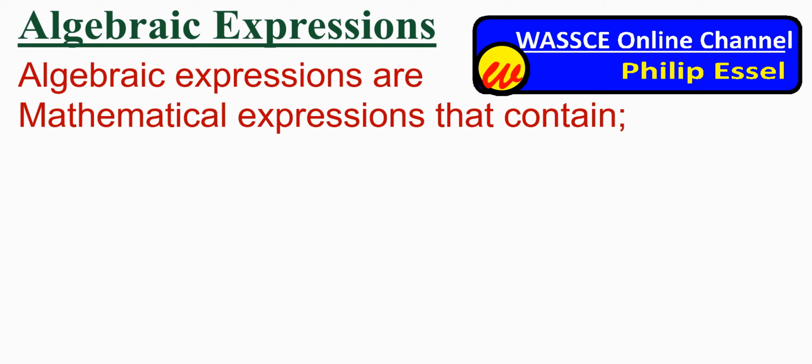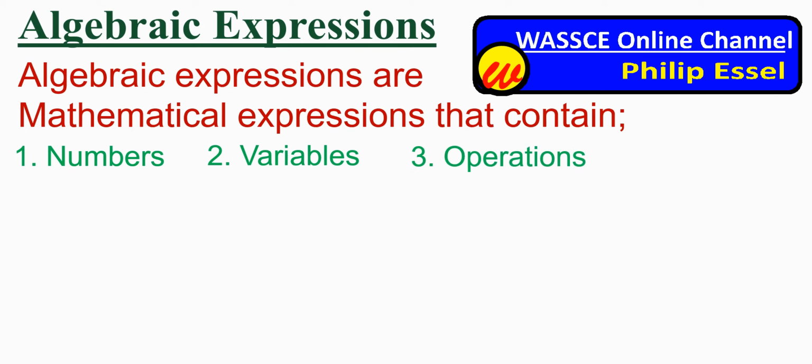So we've established that algebraic expressions are mathematical expressions that contain numbers, variables, and mathematical or arithmetic operations such as addition, subtraction, multiplication, division, etc.